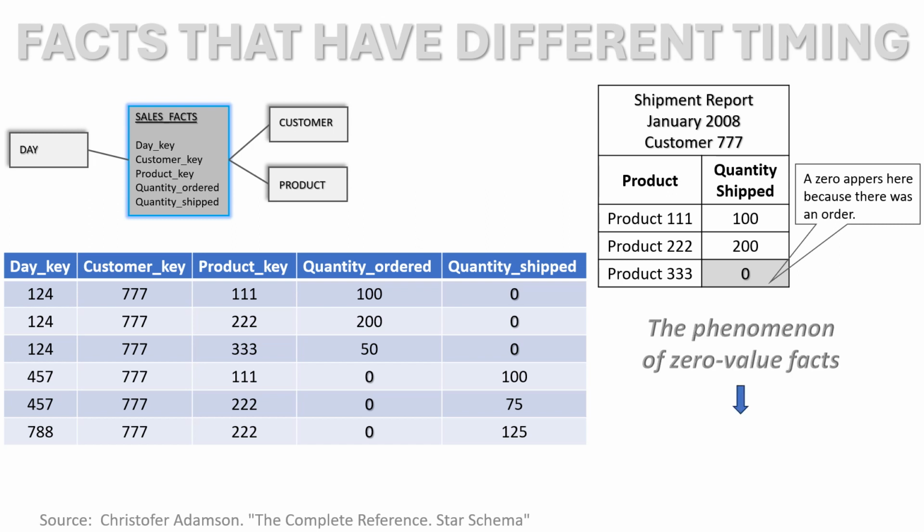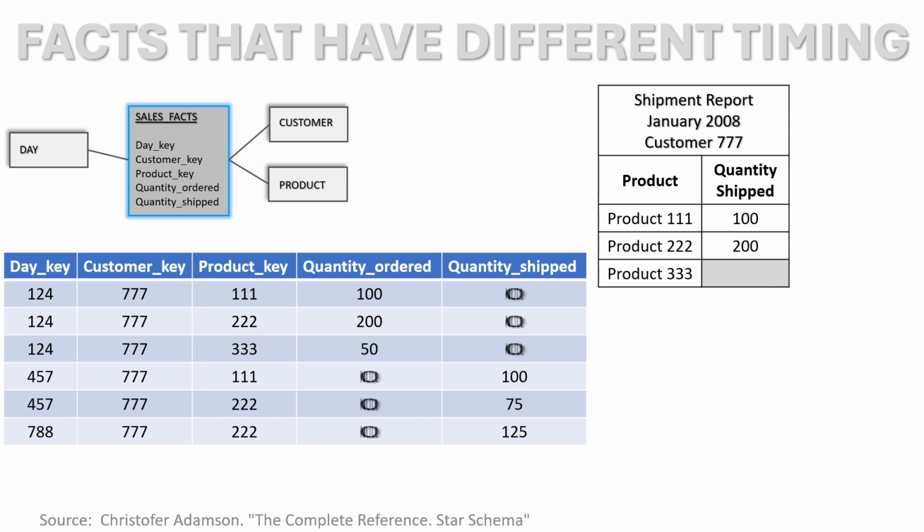The phenomenon of zero-value facts on reports is common when multiple processes are modeled in a single fact table. Notice that the use of null values would not have solved the problem. Product 333 would still appear on the report, only this time with a blank instead of a 0.